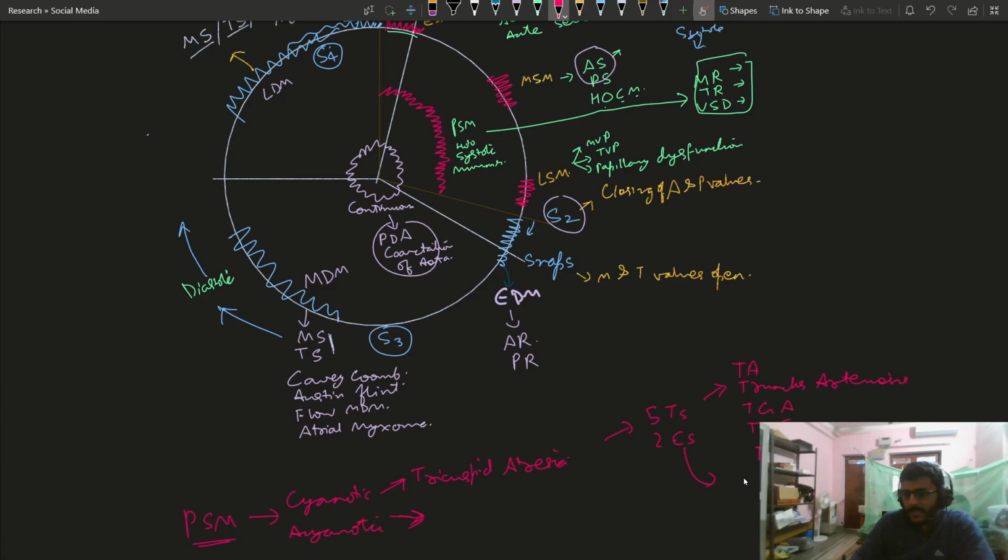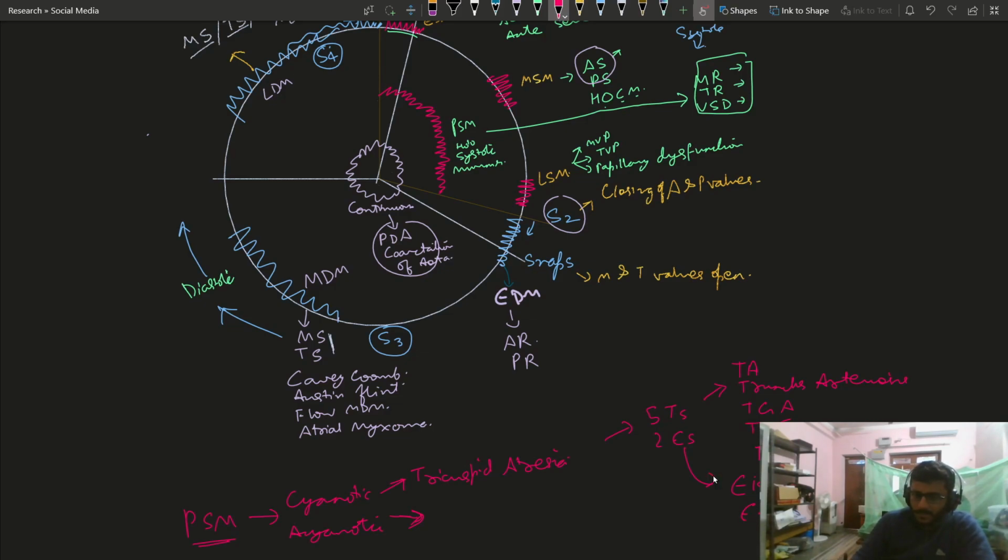And the 2 E's will be Eisenmenger's syndrome and Ebstein anomaly. We'll have another video on how each of these looks and appears.